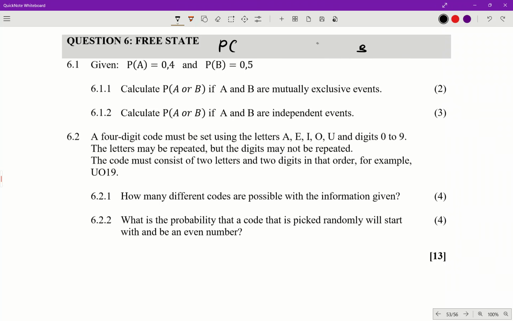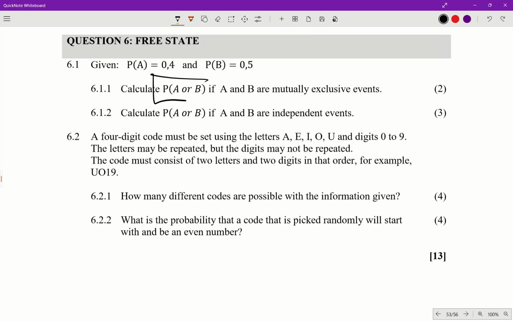So now, whenever you're dealing with mutually exclusive events, the probability of A or B is the probability of A plus the probability of B minus the probability of A and B. So this is what we are looking for. Or we could make it easy for ourselves and study it like this.